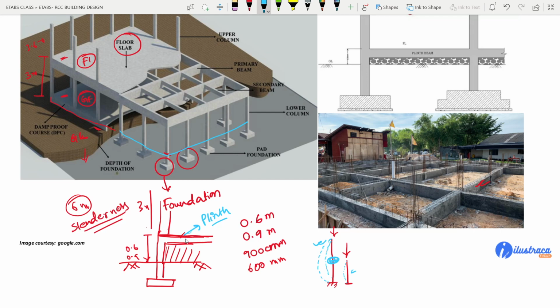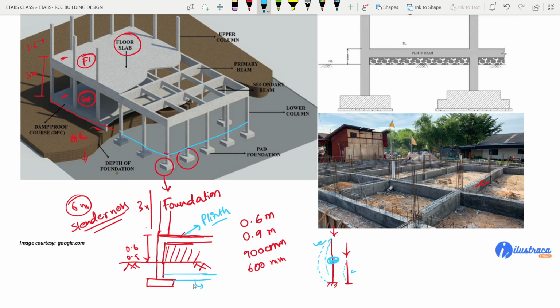We will get to know these things later on, but in general construction, small houses, even in major projects also, you will find that the plinth beam is the first beam that we construct in a particular building. Now there is the possibility to have a beam at this ground level also, which we call a grade beam or ground beam. So that is different.